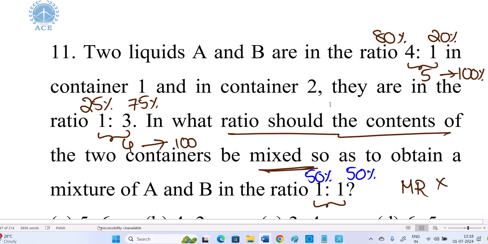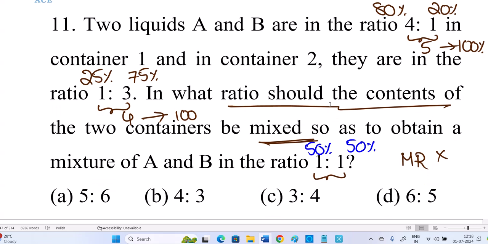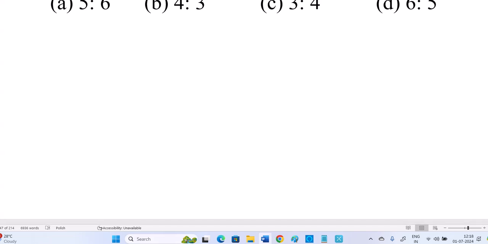take only liquid A or liquid B, only one parameter. I am focusing only on liquid A. If I put liquid B also, the same answer will come, don't worry. In liquid A, container 1, what is the percentage? 80%. Container 2, liquid A is 25%.